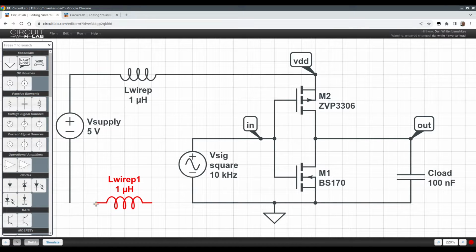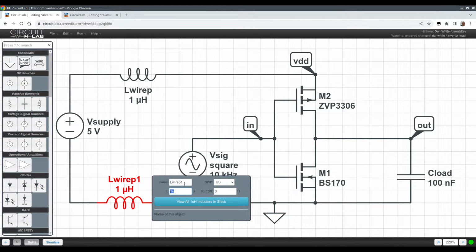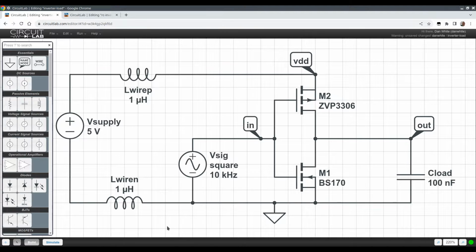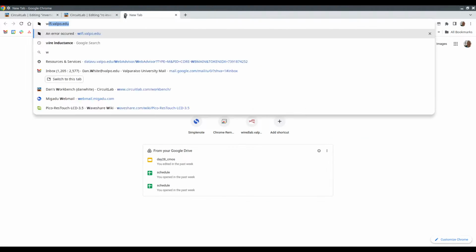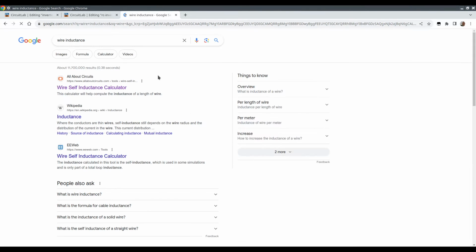One in here. And what was I using for inductance? Use the All About Circuits calculator.